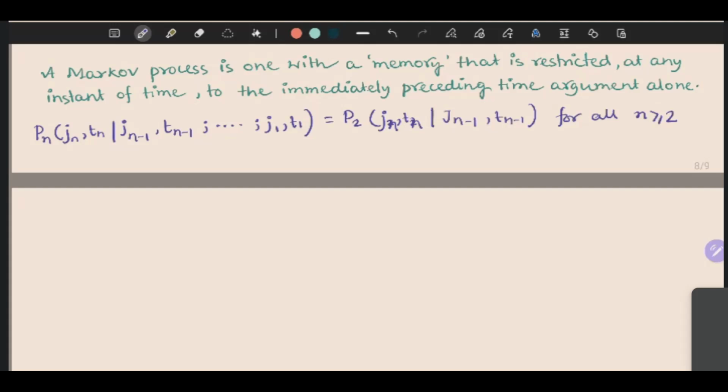Now this single time step memory characterizing a Markov process is equivalent to saying that the future state of the process is only dependent on its present state.